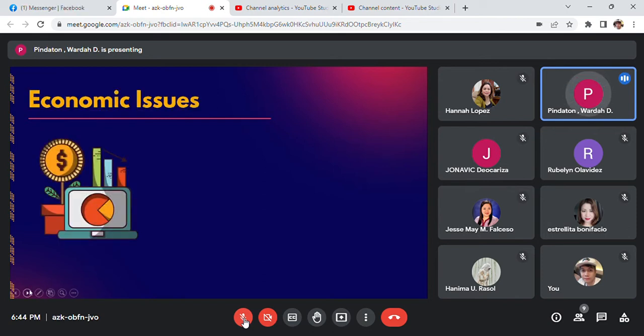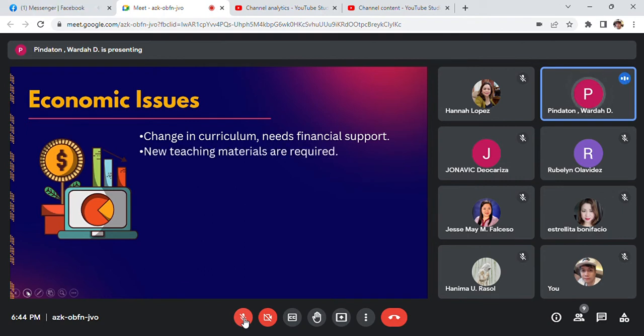Another social factor is economic issues. Another social factor that actually affects curriculum planning and development is economic issues, because of the following reasons. First, change in curriculum needs financial support. Second, new teaching materials are required.